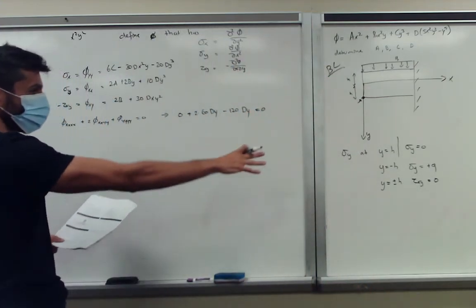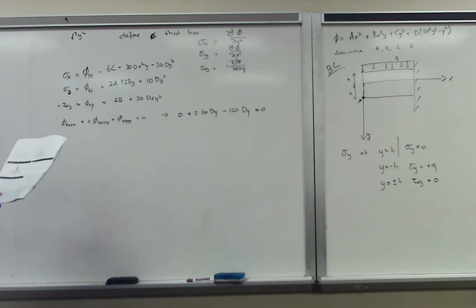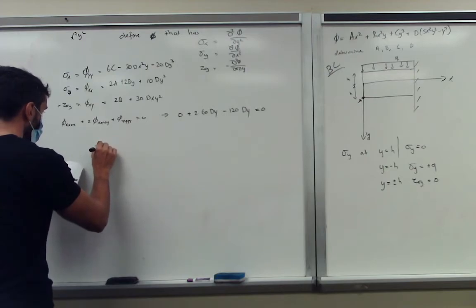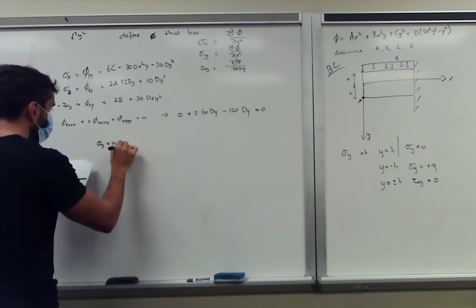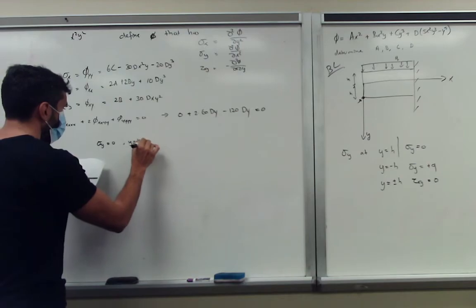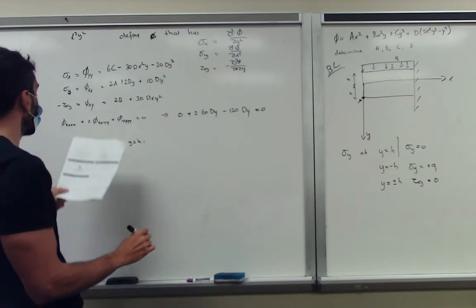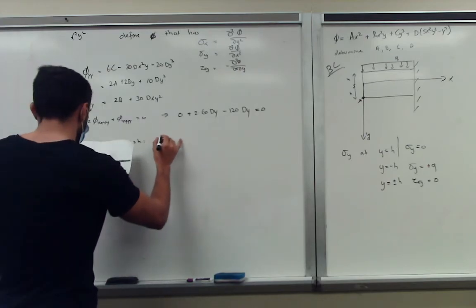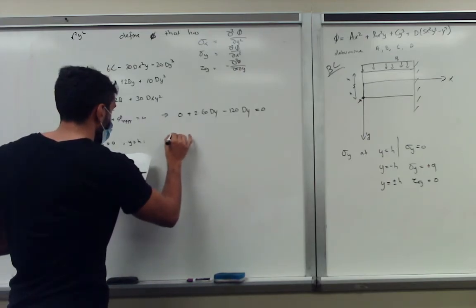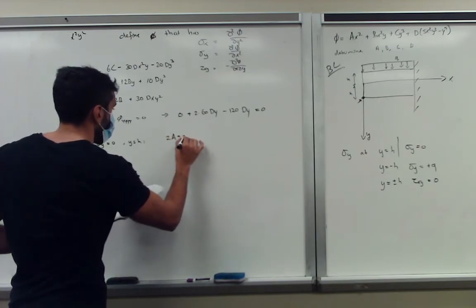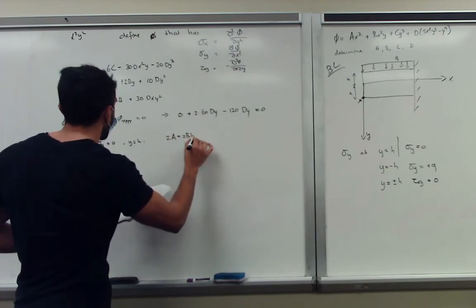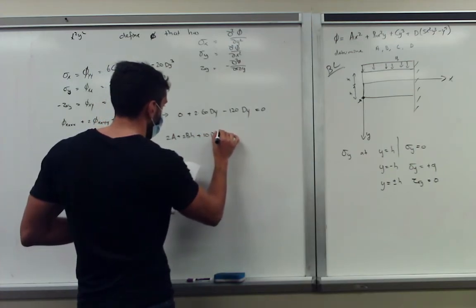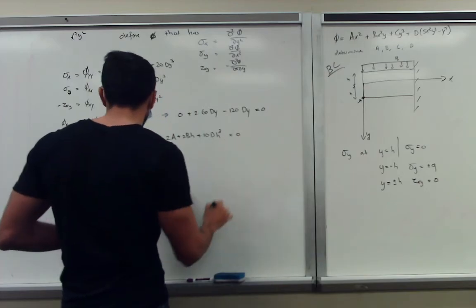So we plug in those boundary conditions. Sigma y is equal to 0 at y is h. So let's look at sigma y. We plug in y is h in there. So we get 2a plus 2b h plus 10d h to the power 3 is equal to 0.